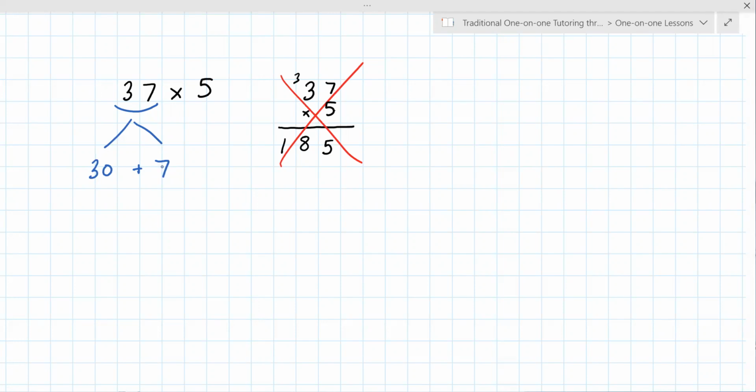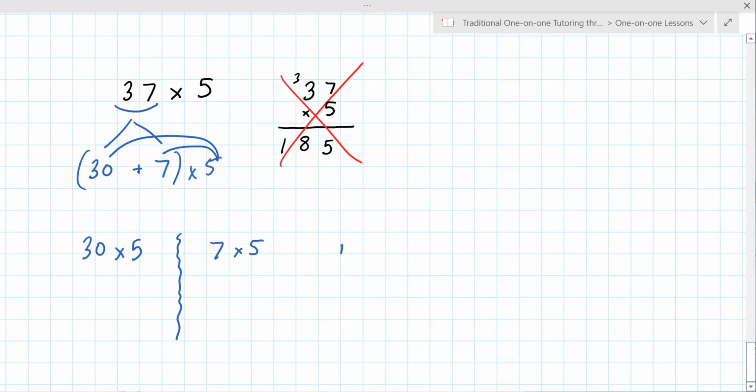Now, do you agree that 37 is 30 plus 7? Yeah. Okay, so when you multiply it by 5, what you end up doing is multiplying both numbers by 5. So it's 30 times 5 and 7 times 5. And the idea is that both of these can be done using mental math, or arithmetic in your head.